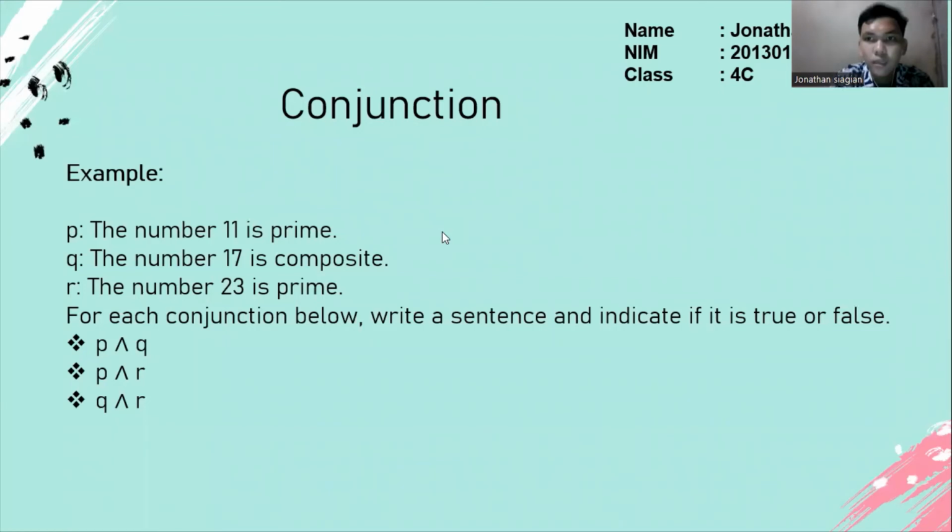First is P conjunction Q. The number 11 is prime, and we know that is true. The second statement Q is that the number 17 is composite. We know 17 is not composite.